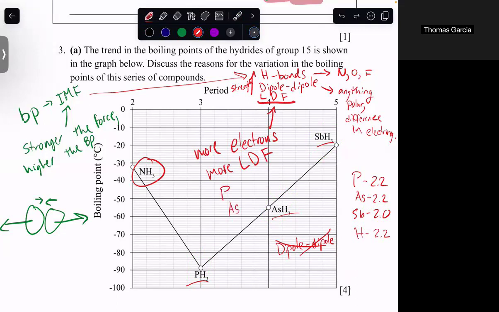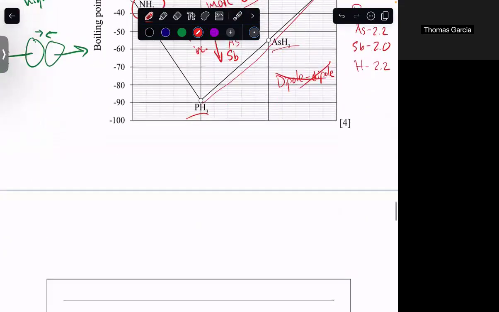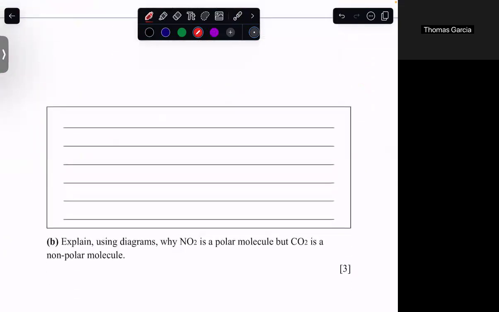Antimony, it's Sb, I keep forgetting that. And so the number of electrons increases. And so as the number of electrons increases, we see our boiling point increasing, meaning London dispersion forces are increasing. So when we go ahead and write our answer, we need to include all of this.